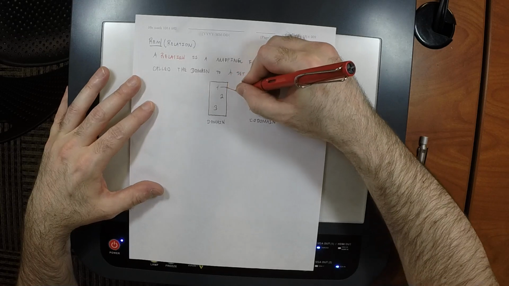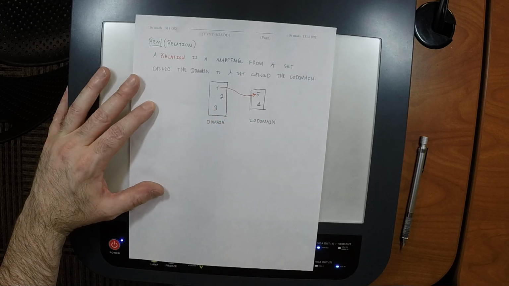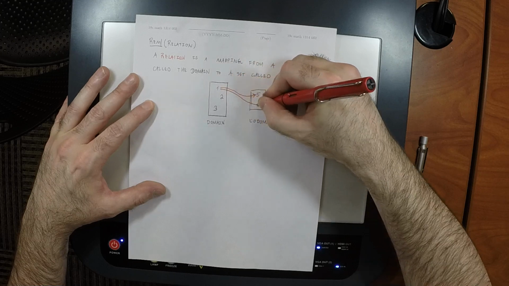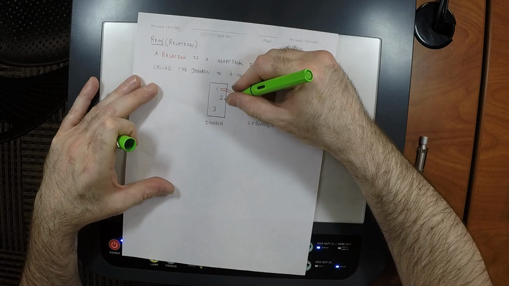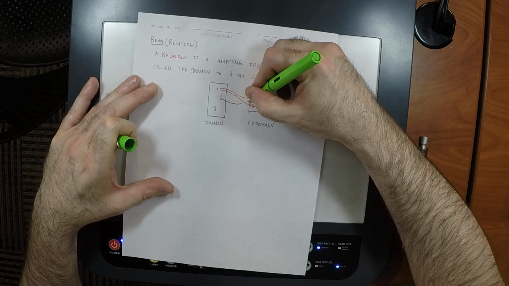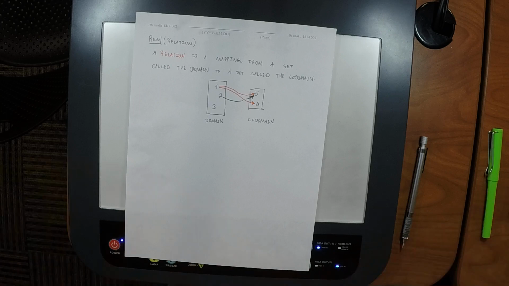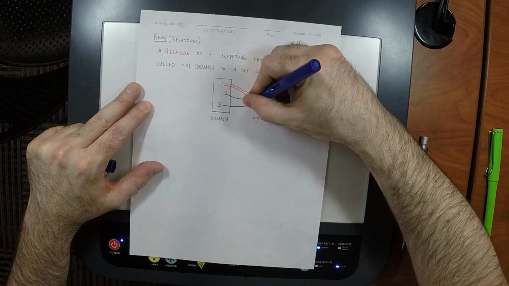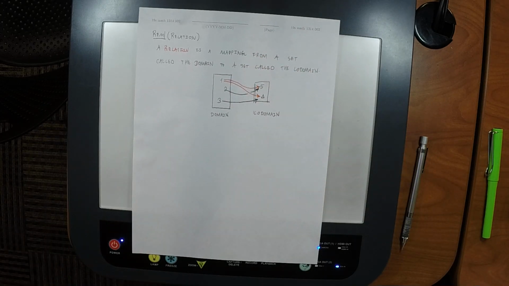So maybe 1 maps to 5. So what you'd say is that 1 is related to 5. Okay, and maybe 1 is also related to triangle. So 1's related to both of them. And then maybe 2 is related to 5. And maybe only 5. And 3 is related to triangle. So such a thing is called a relation.